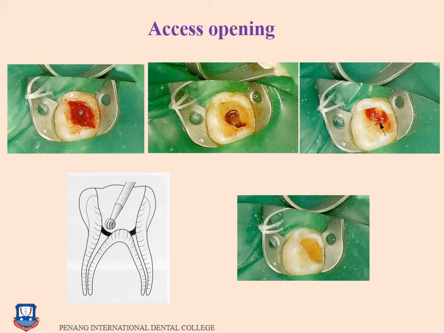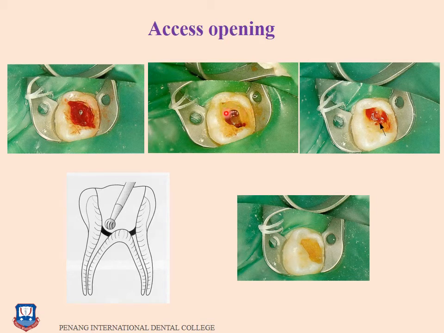Here first we see that there is amputation of the coronal pulp. First the access opening is done, after which the roof of the pulp chamber is removed, and then the coronal pulp is amputated. Here, as you can see, there is a rubber dam placement, and then the access opening is done.